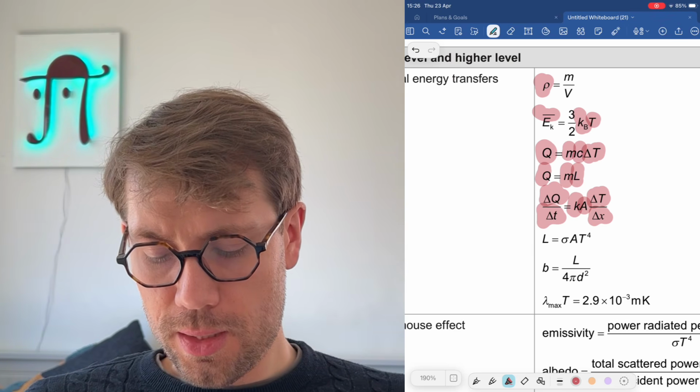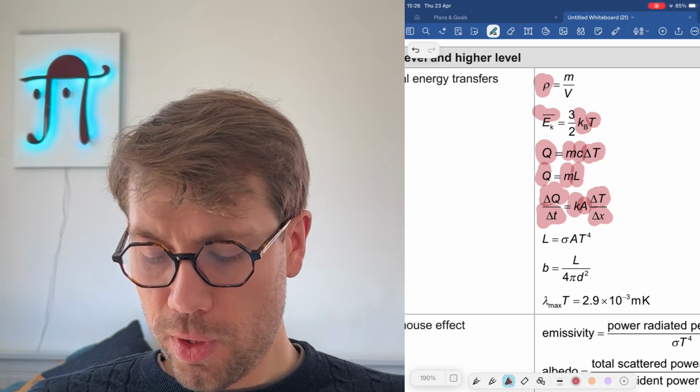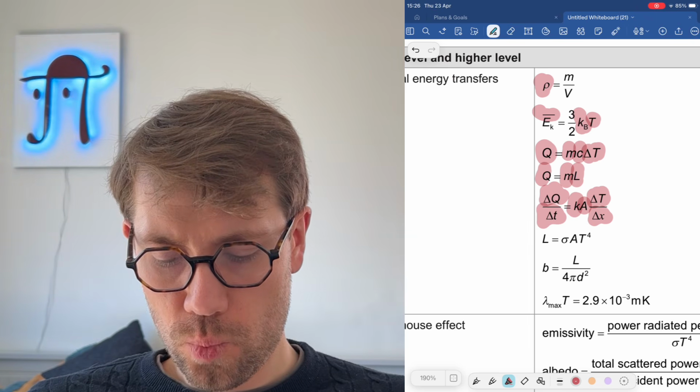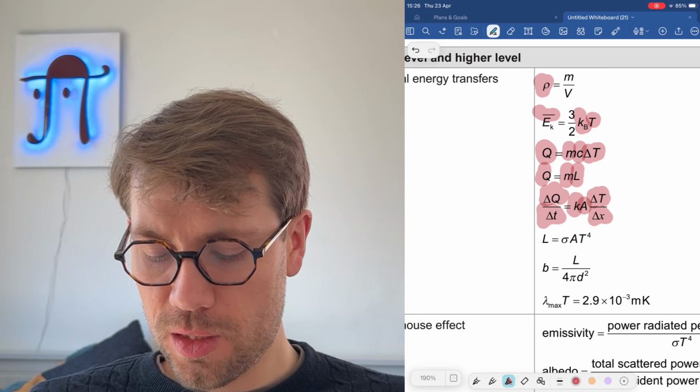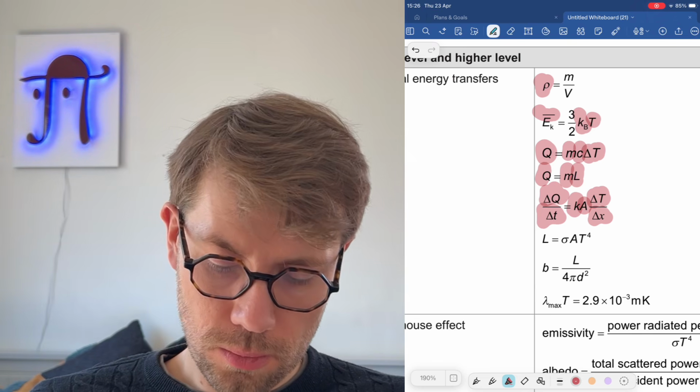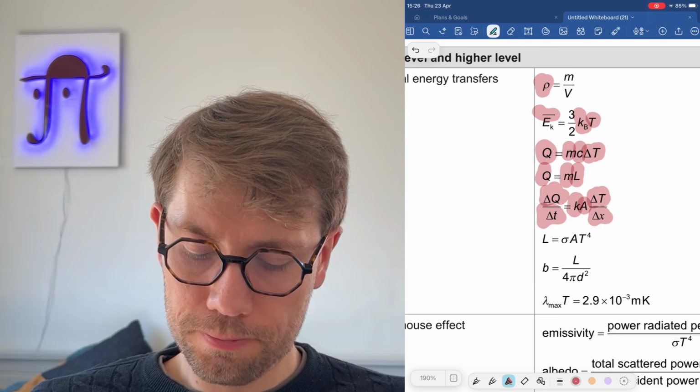I can't remember what K this is. Looking at the equation, we don't have a subscript for that K. I think it's specific to each material. Yeah, I'm happy to say that.